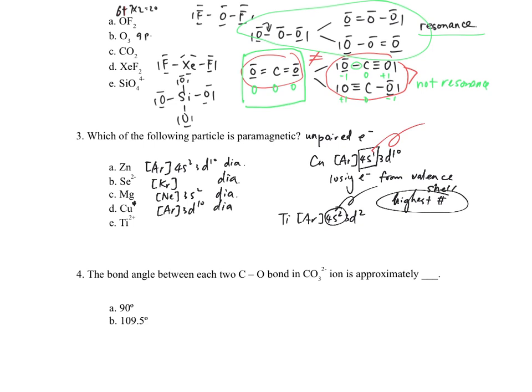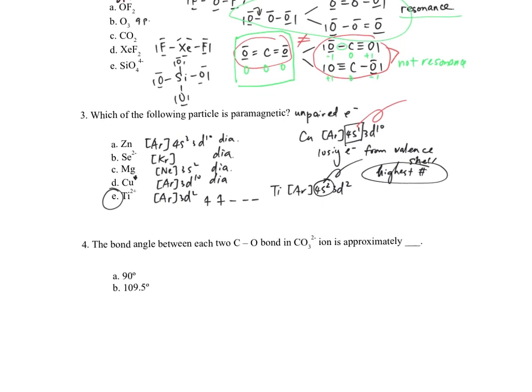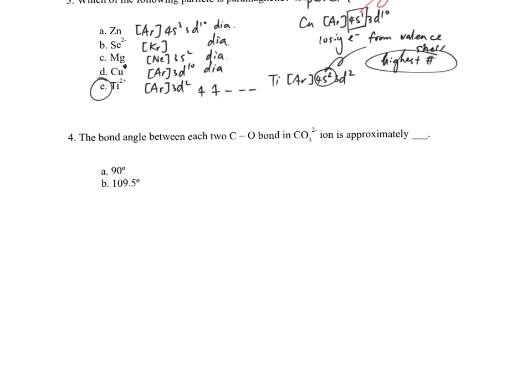If you do that, then titanium 2 plus ion would have argon 3d2, and 3d has 5 orbitals, and 3d2 means you have 2 electrons there. They have to be singly occupied with the same spin, according to Hund's rule. Now you have unpaired electrons, and that is paramagnetic. Now, the question after that didn't have too much argument.